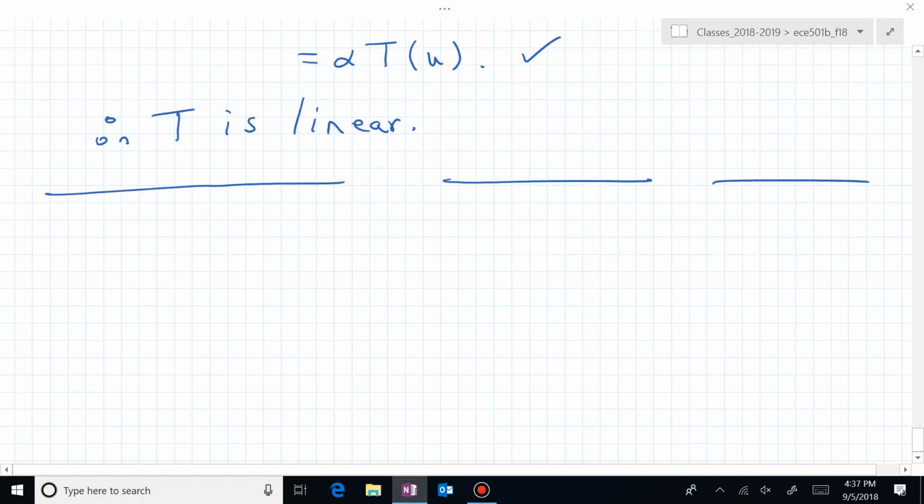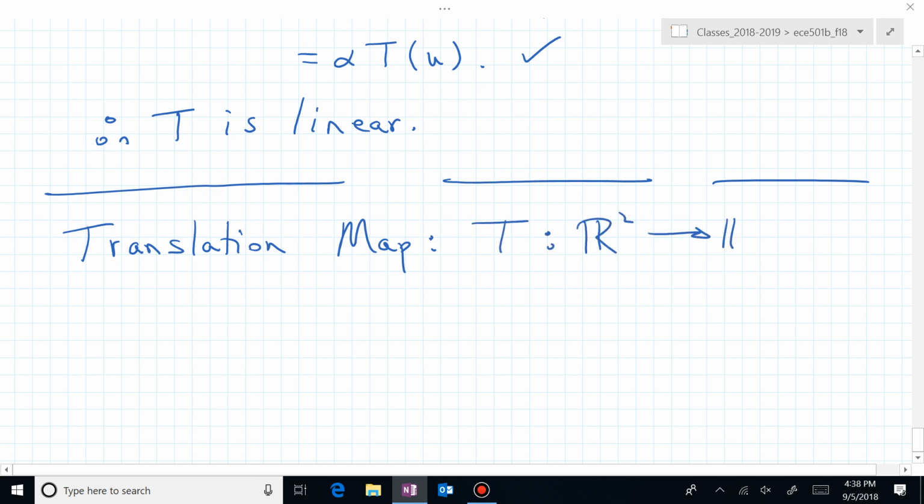Let's look at another map. We'll call this a translation map, where T is going from R2 to R2.